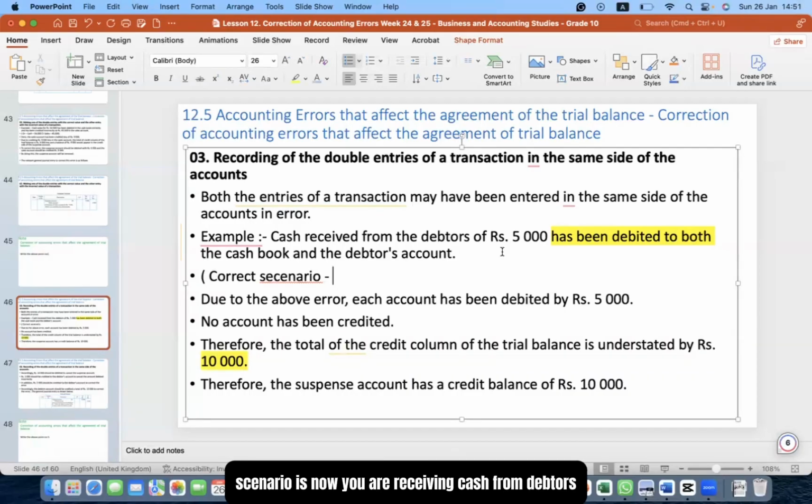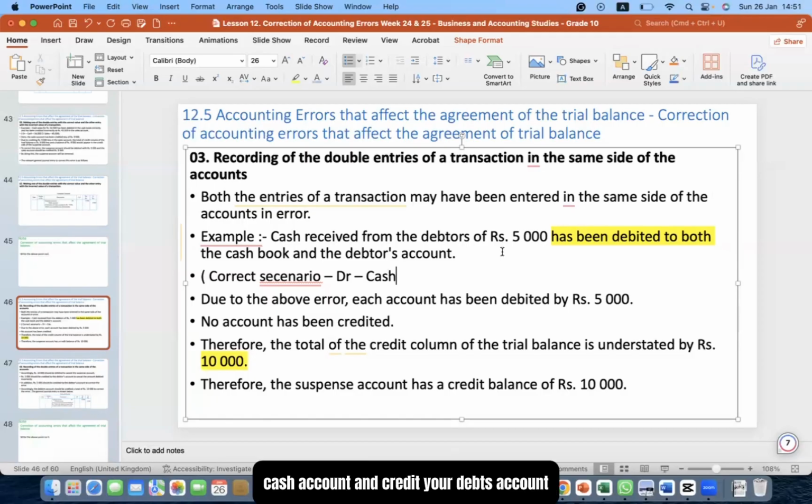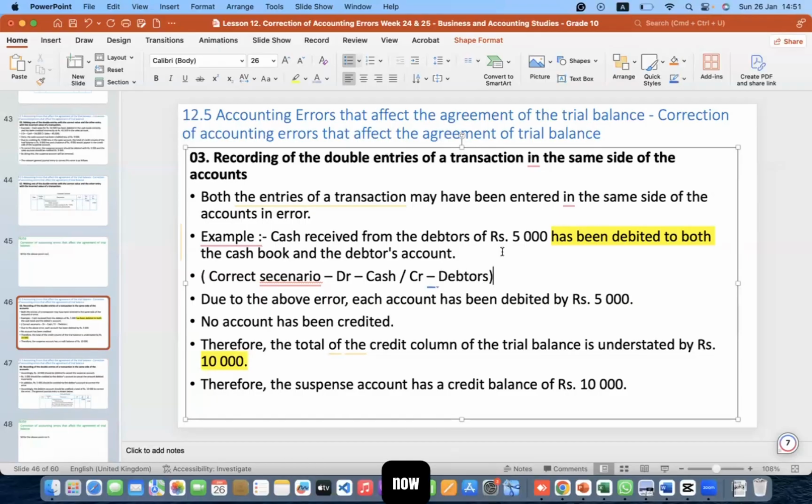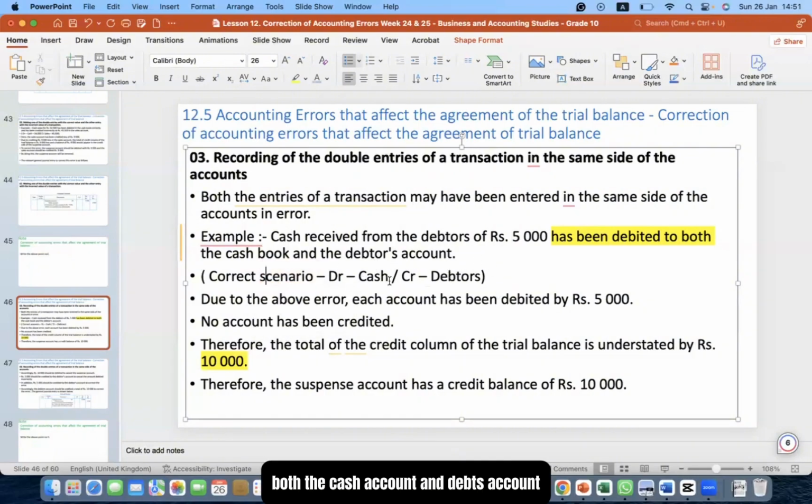now you are receiving cash from debtors. So you debit your cash account and credit your debtors account because debtors is coming down. Now what has happened is you have debited both the cash account and debtors account.